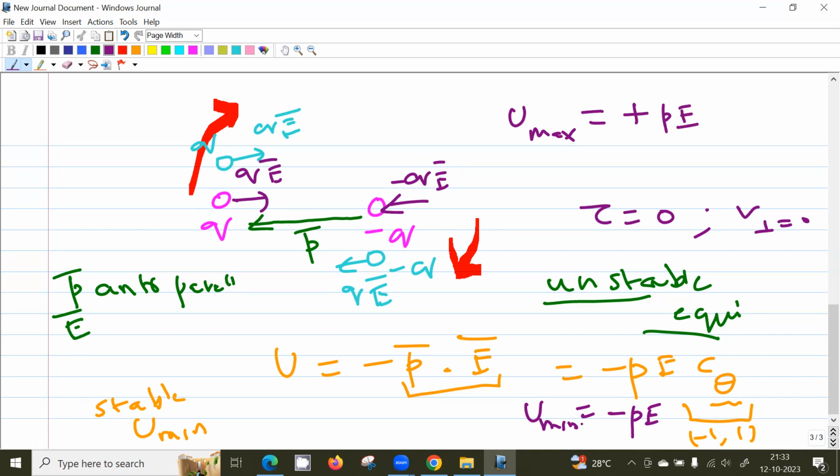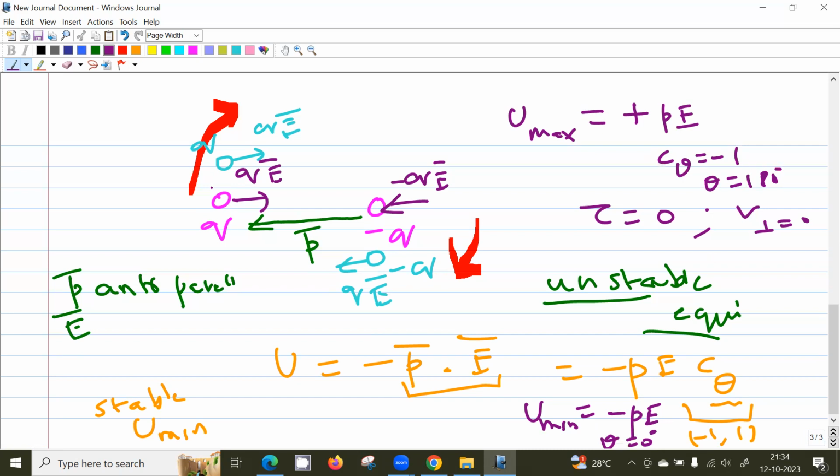So U minimum, minus PE, corresponds to cos theta being 1. That means theta is 0 degrees, because cos 0 is plus 1. And U maximum corresponds to cos theta being minus 1, which corresponds to theta equal to 180 degrees.